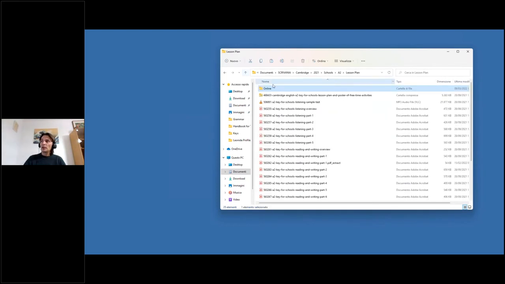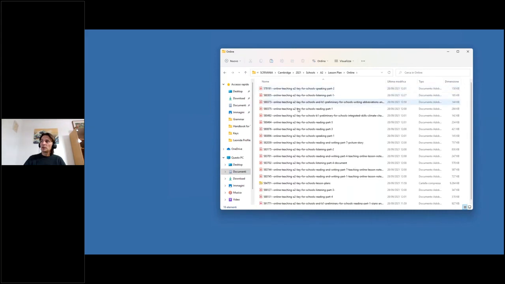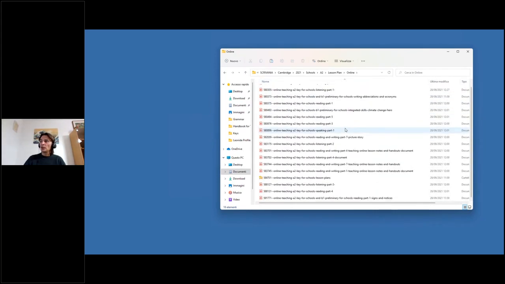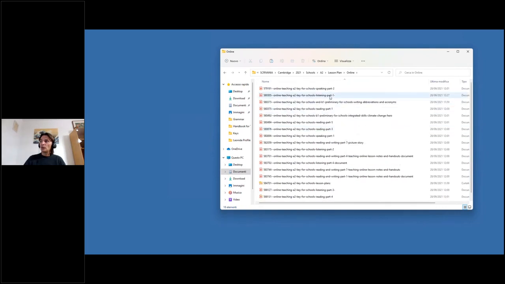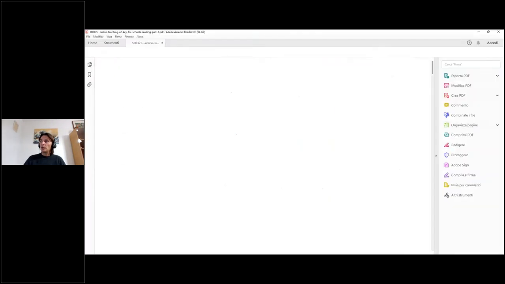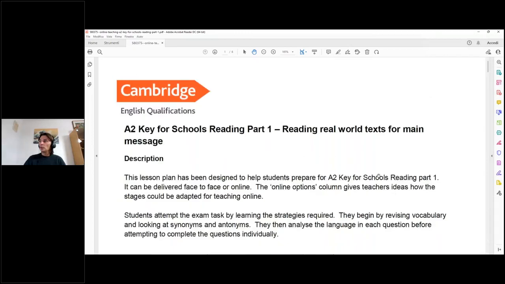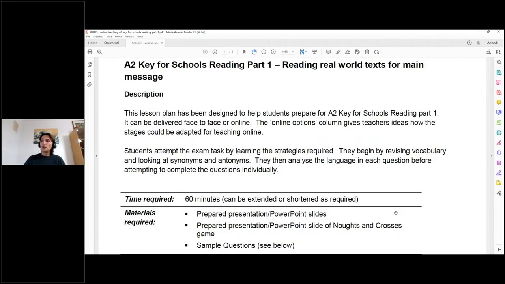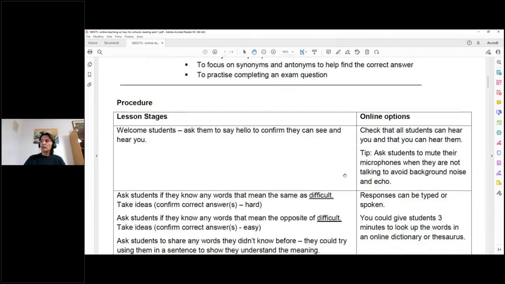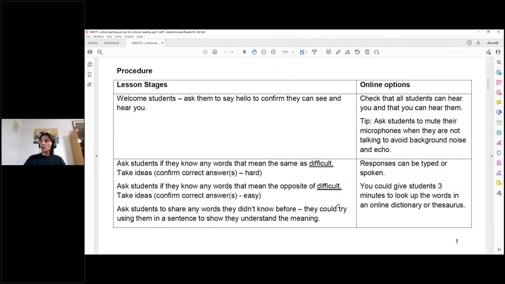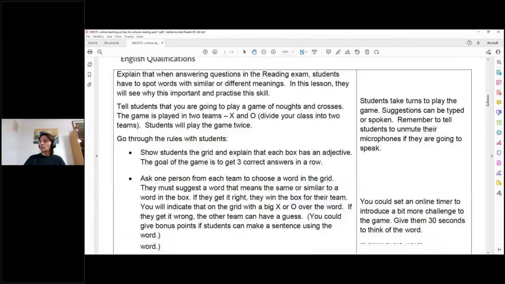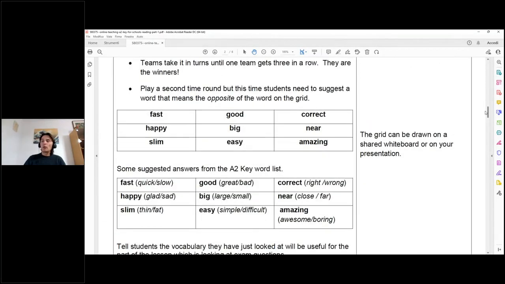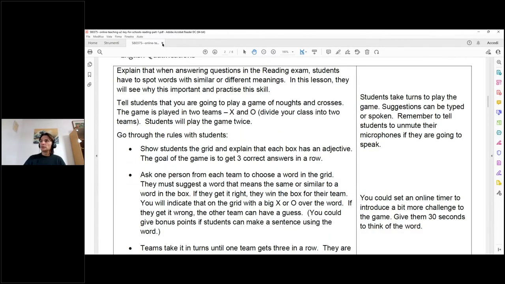If you click on the online folder, you're going to see some extra material you can use. It's still the same course. For example, reading part 1, you have a little bit more material that you can read and practice. There are more words to look at.